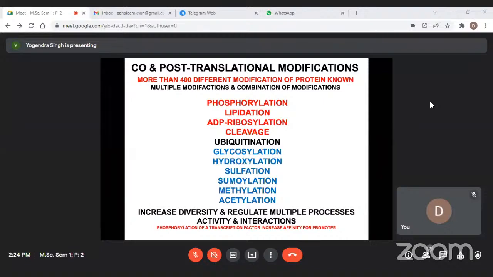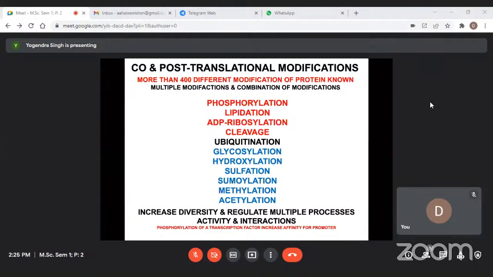So I have mentioned only a few, but there are hundreds. Now, you can imagine that if a protein gets multiple phosphorylation, multiple lipidation, multiple ubiquitination, or a combination of phosphorylation and lipidation, a combination of these modifications, that is going to create large diversity.